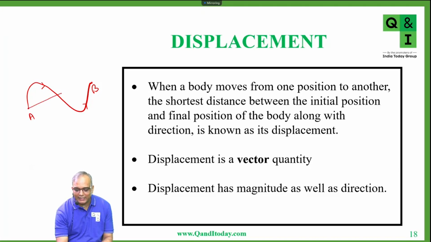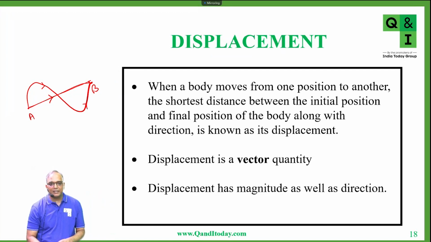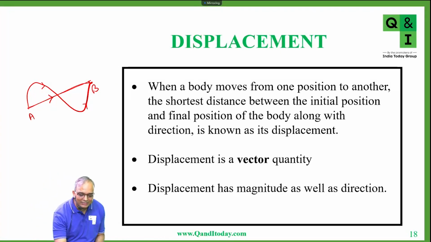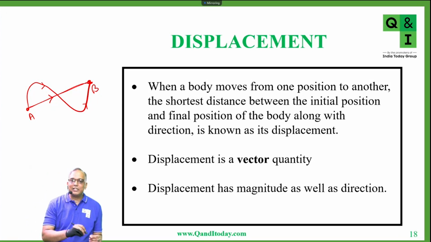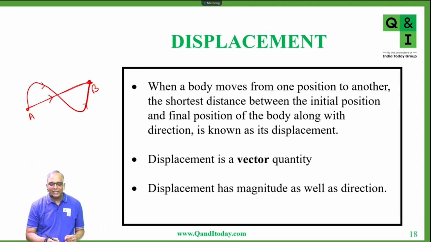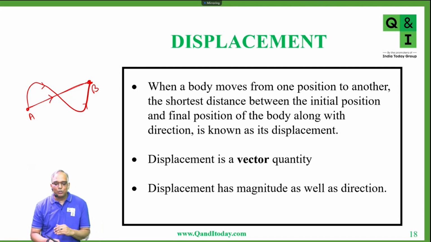You will join A to B. This is the shortest distance. This shortest distance from A to B is called the displacement. So when a body moves from the start position A to the end position B, the shortest distance between the initial position and final position of the body, along with the direction, is known as displacement.